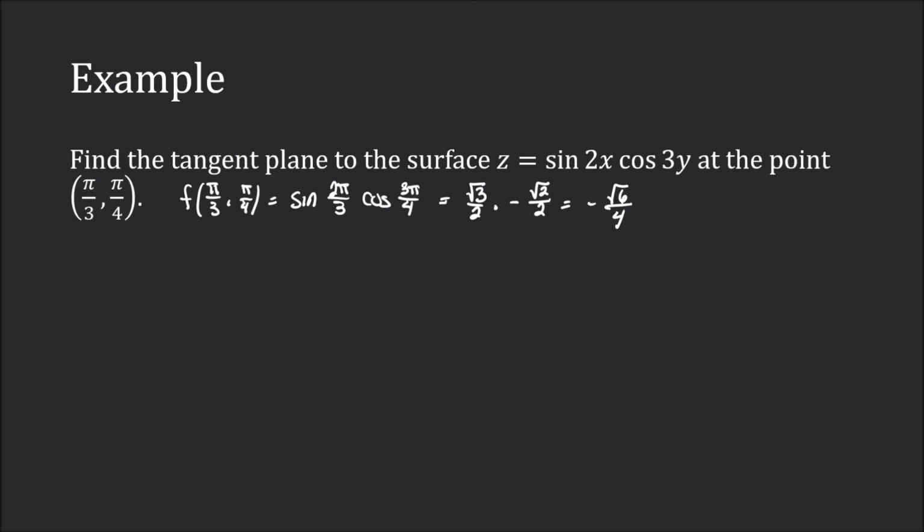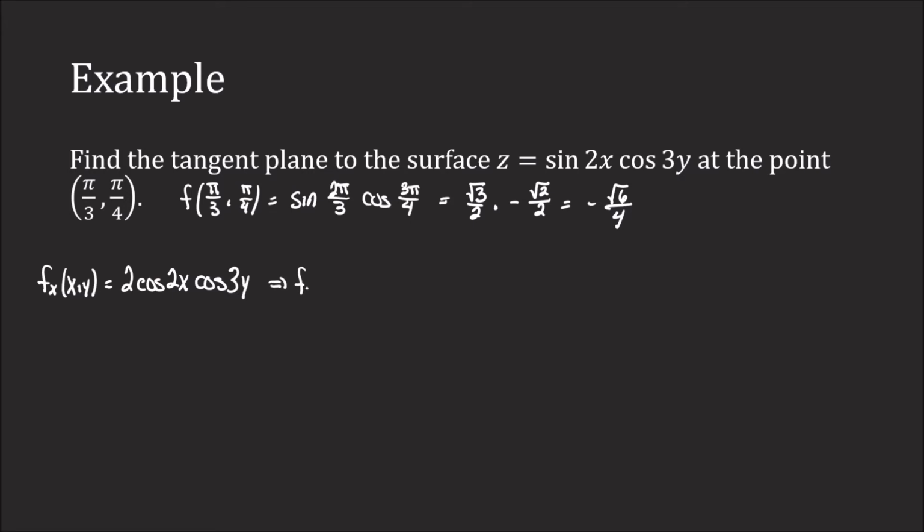Now we want to evaluate both partial derivatives at this point. So first we need f sub x. Well, this is just going to be 2 times the cosine of 2x times the cosine of 3y.